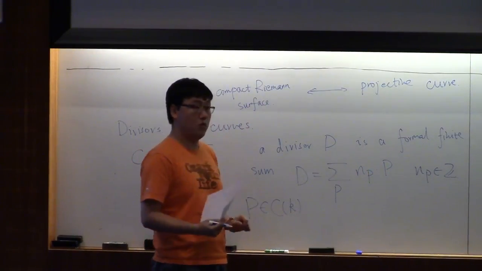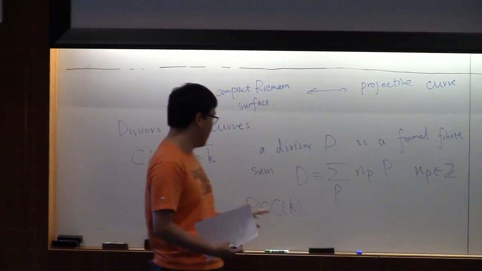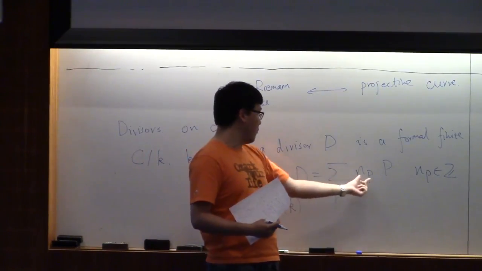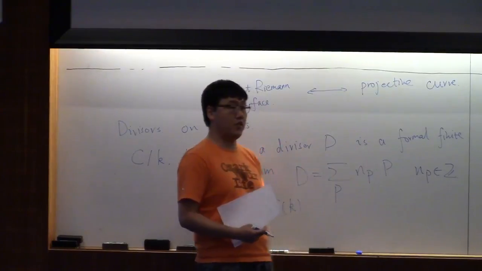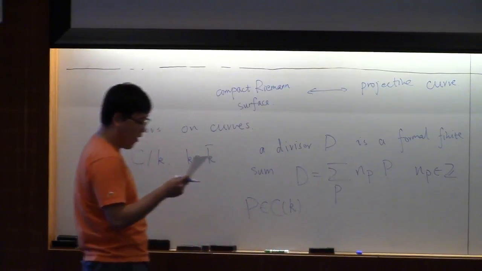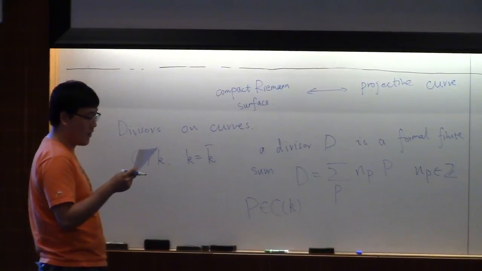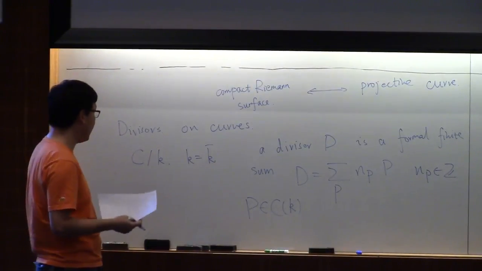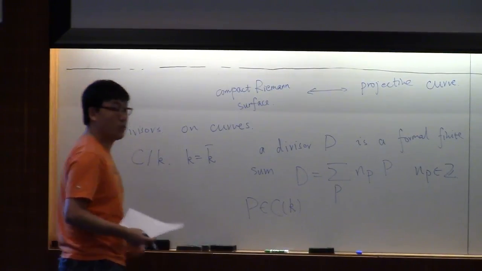But you need to assume that it is finite, or in other words, for all but finitely many P, this n_P should be 0. Okay? So such a finite sum is called a divisor on the projective curve C.